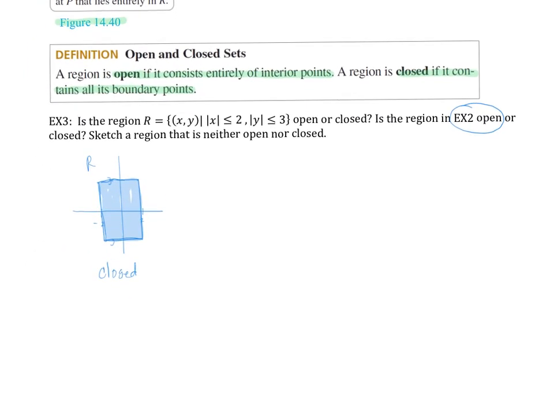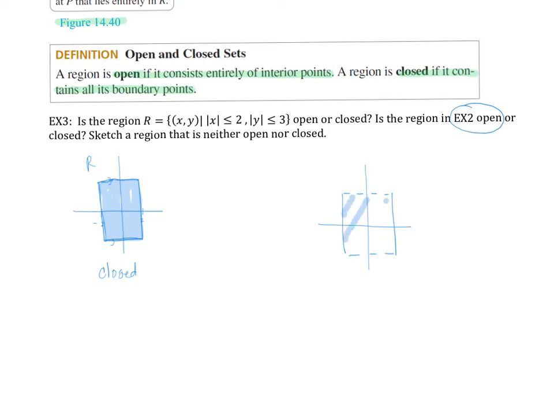So the last thing this question asks is to sketch a region that is neither open nor closed. So I'm just going to simply use the region we have before. I'm going to contain some of the boundary points and not contain others. So this is an example of a set that is neither open nor closed.